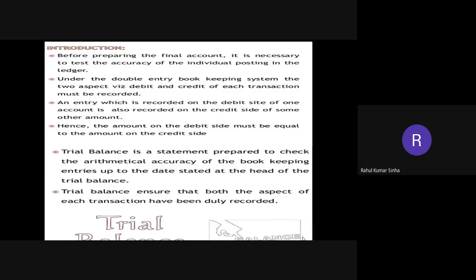So after the journal and ledger, the trial balance is prepared to check the arithmetical accuracy, as we know that for every debit there is an equal credit. So in the trial balance, we put all the debit balances on the debit side and all the credit balances on the credit side. And finally, if the debit and credit match, we can say that we have followed everything properly.